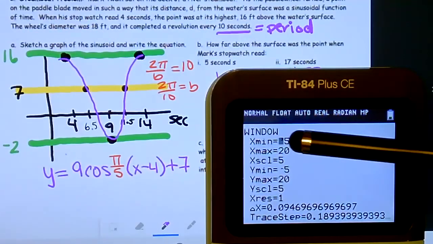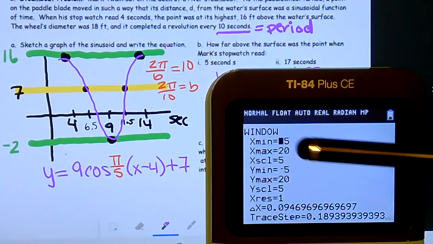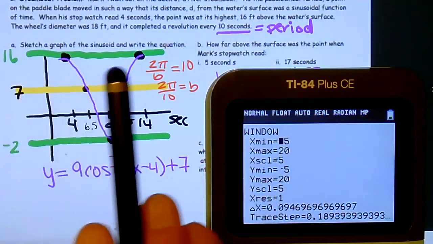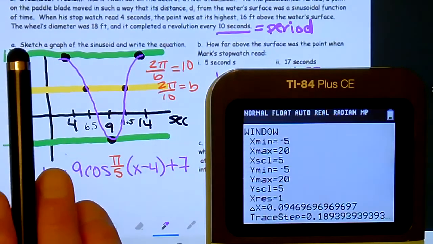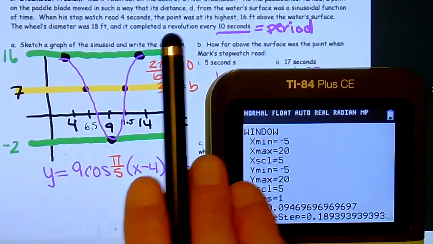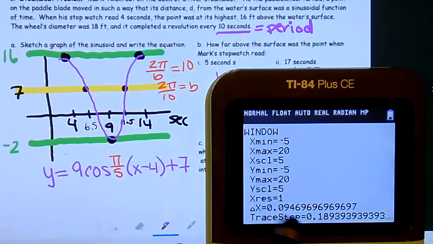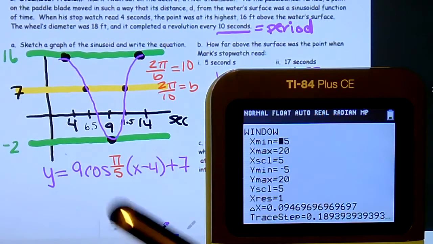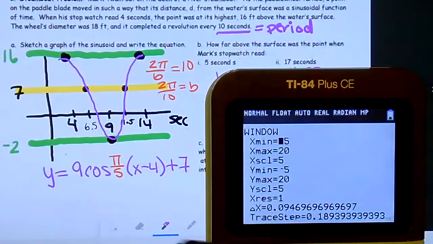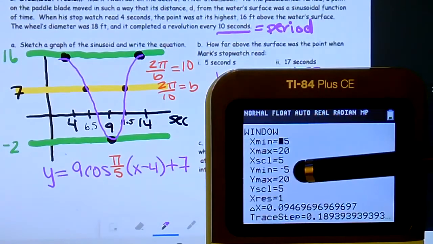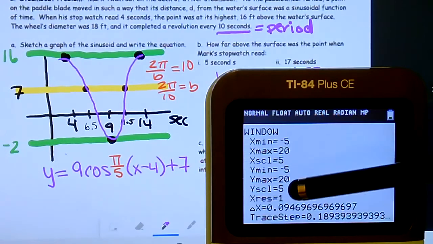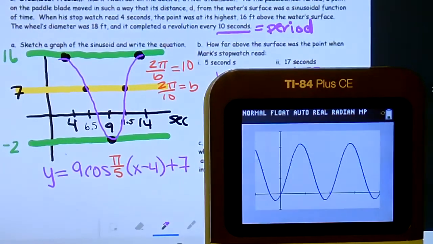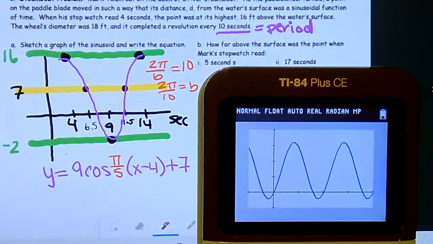I needed to go from 0 to 14, but I wanted to go a little bit beyond both sides, so I did -5 to 20 by 5s. Now I had to get down to -2 and up to 16. Again, I don't want to stop at -2, so I went a little below, to -5, and a little above my 16, to 20, by 5s. And now if I hit graph, I'm going to have my graph.